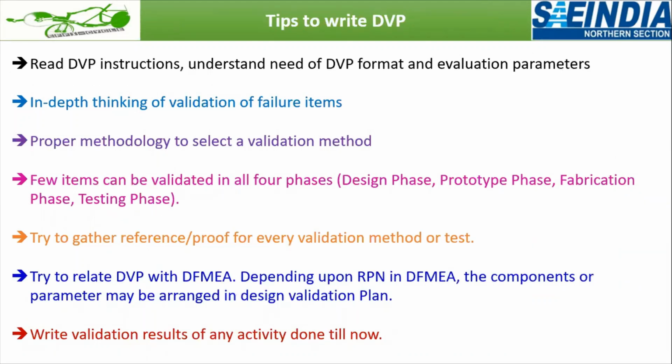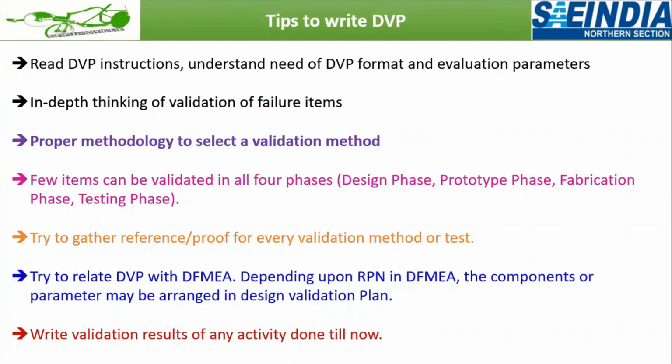Here are a few tips to write DVP. Number one, read the DVP instructions very carefully. Understand the need for the DVP format and evaluation parameters. Then think in depth about validation of failure items that will affect your vehicle performance.